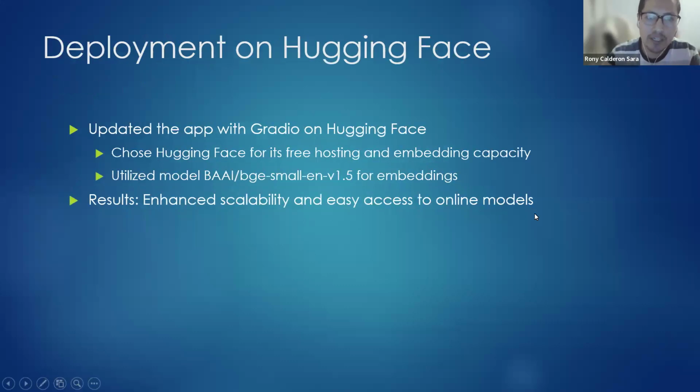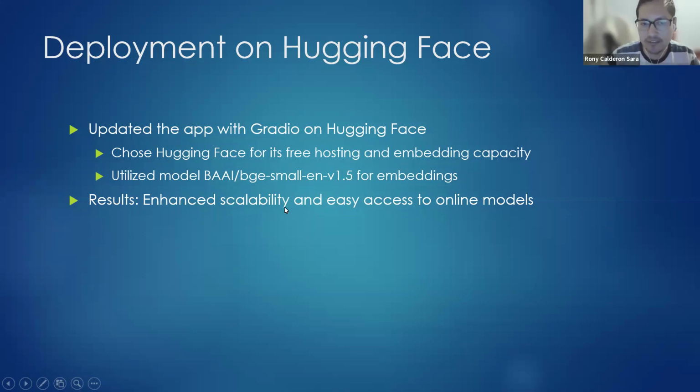Then I updated the app with Gradio on Hugging Face. I chose Hugging Face because it's free and has free hosting and embedding capacity. It has 2 gigabytes of RAM, and it's really great. I use the BGE small model that they have available on Hugging Face also.